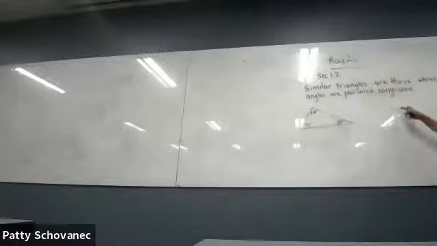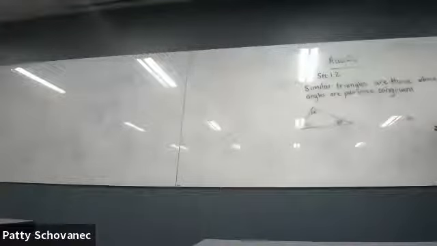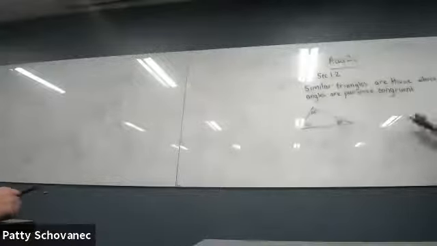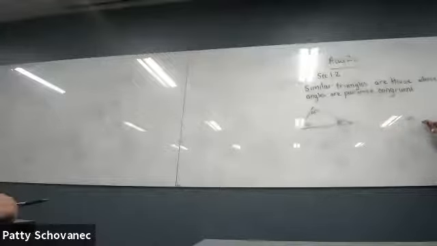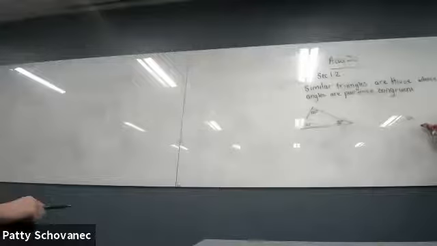And I don't even have to know those. If I just know two angles of one triangle are congruent to two angles of another triangle, then the two triangles are similar. And similar triangles have the property that the sides are proportional. If I knew the lengths of the sides here and whatever scale factor, I could get the lengths of the sides there.